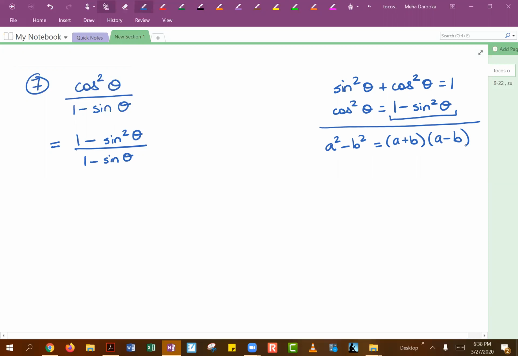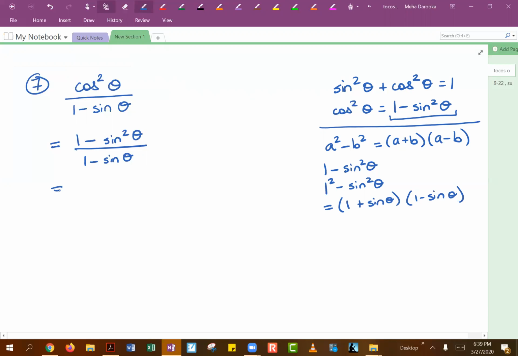So here, where you are given 1 minus sine squared theta, I can actually write that as 1 squared minus sine squared. So that's why a square minus b square. And so when I factor it, it factors into 1 plus sine theta and 1 minus sine theta.